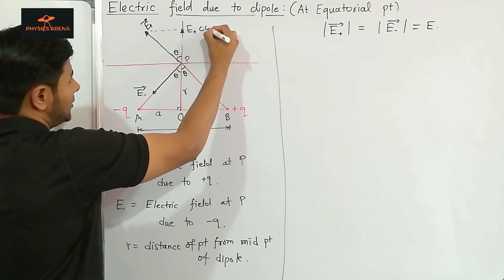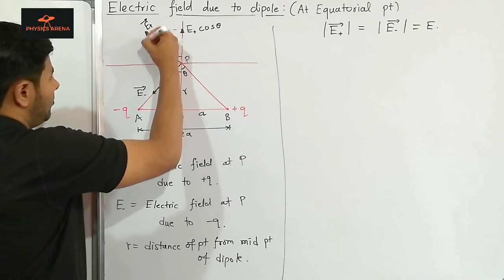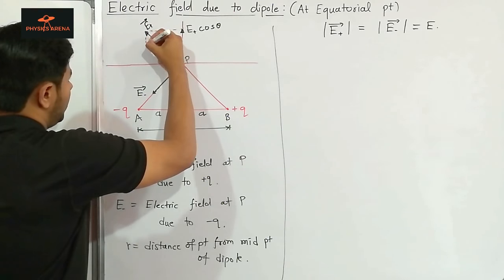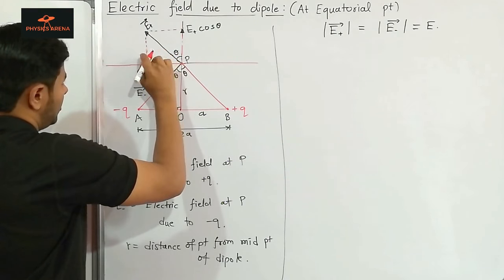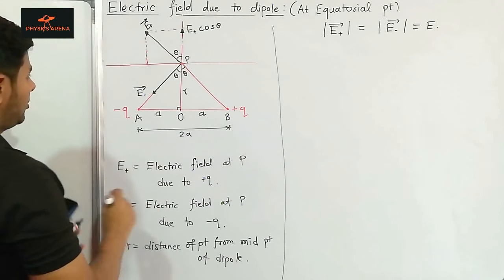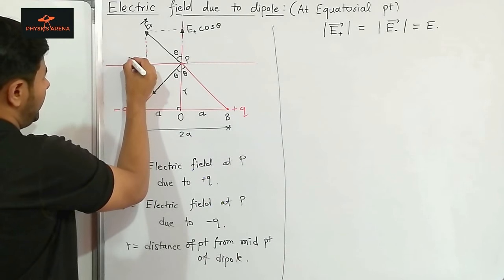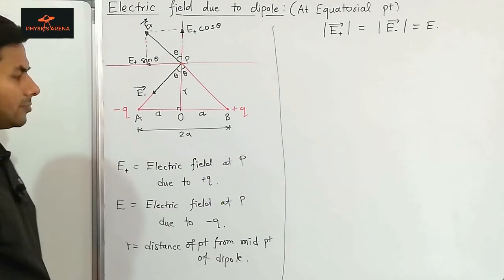This is E plus cosine theta, and the component along the horizontal axis will be E plus sine theta.